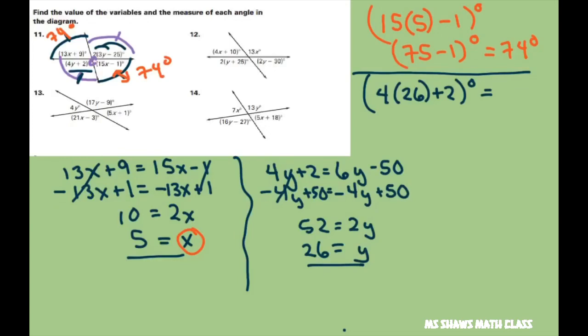Let's see, 4 times 26. Yeah, it's 104. 104 plus 2 degrees equals 106 degrees. So these 2 are 106 degrees. If you add all these up, it should equal 360.